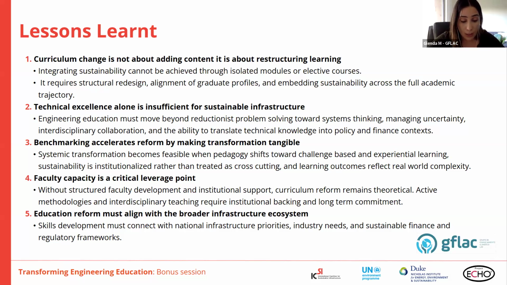And third, benchmarking accelerates reform. Seeing a tangible transformation model such as TEC 21 makes systemic change feel possible and concrete, especially because this is from a Latin American country with a similar context, and it is very important to not be unrealistic with the reference that we take. And the fourth, faculty capacity is a critical leverage point.